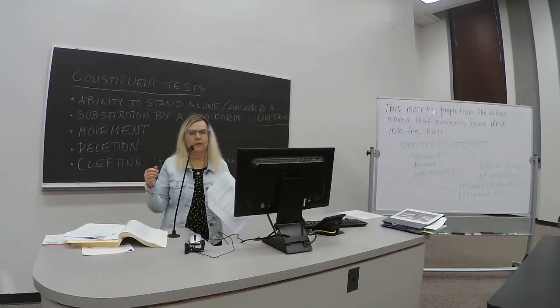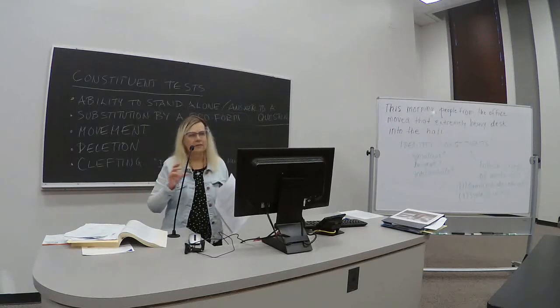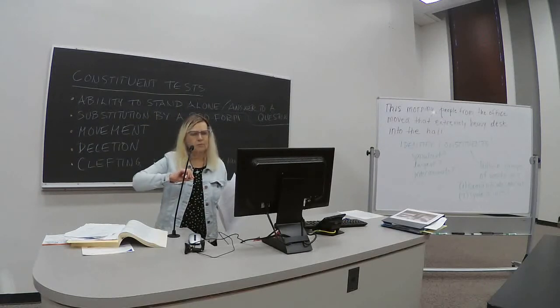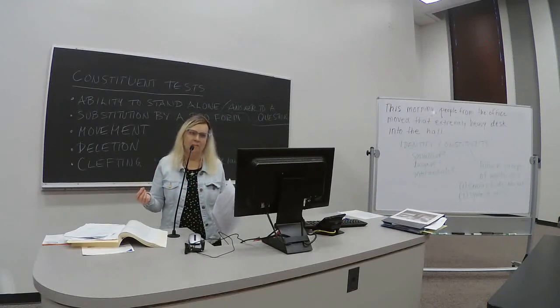So if a word is preceded by the, this, an, five, what is going to be the lexical category of that word? If you have a or the or this or that, these or those in front of a word, what is the lexical category of that word? It's a noun, yes, and that is because those words that I listed are determiners, and determiners signal that a noun is coming.